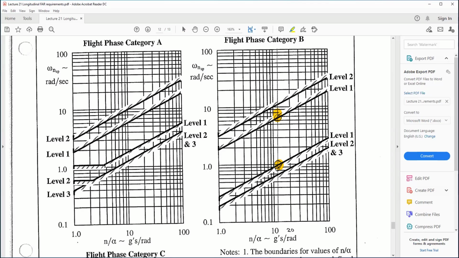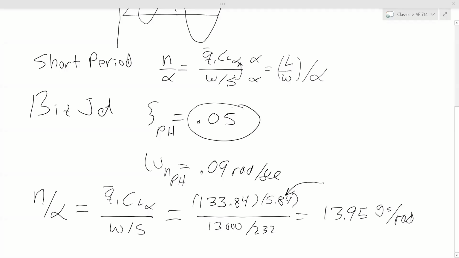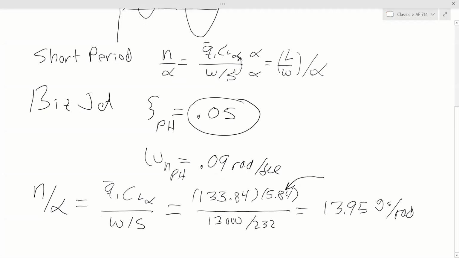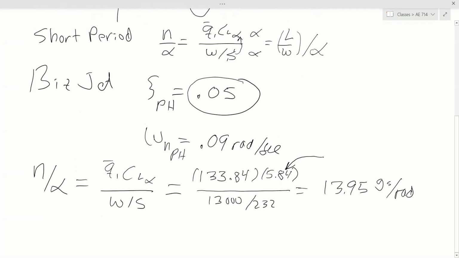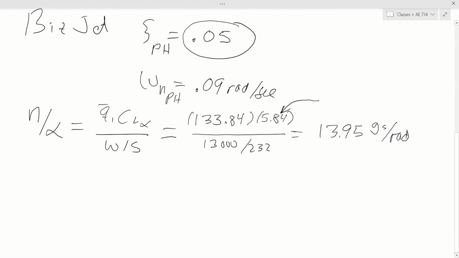So how are we doing? Natural frequency, let's go back to that. And we're doing the short period now. 2.83.